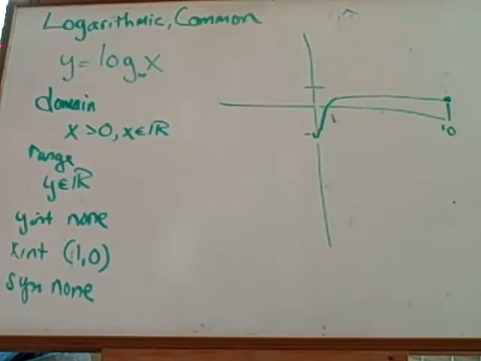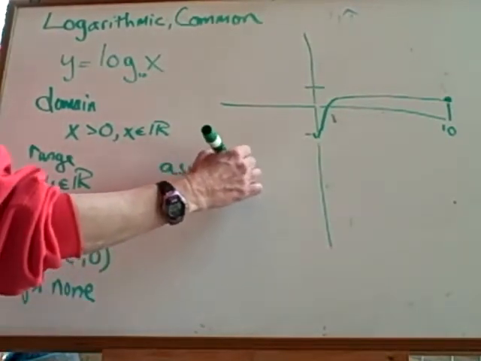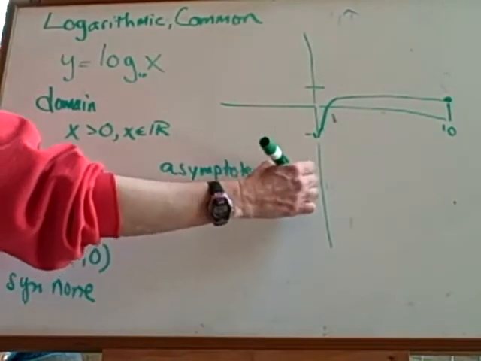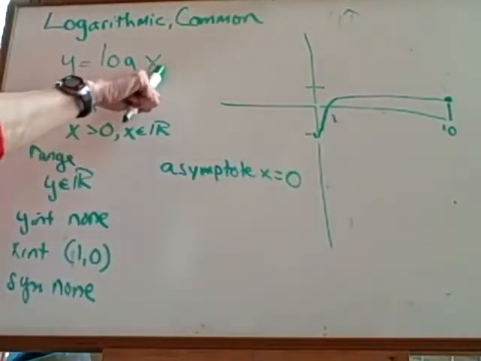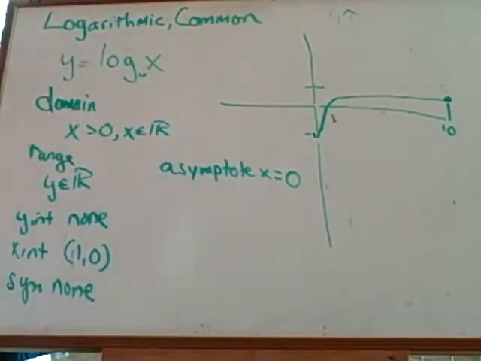Asymptotes. This one does have an asymptote at x equals 0. This number can never be 0, because I can't raise 10 to some power and make it be 0. I can get really, really close, but I can't make it 0. I didn't know asymptotes were allowed to cross the function. They don't.